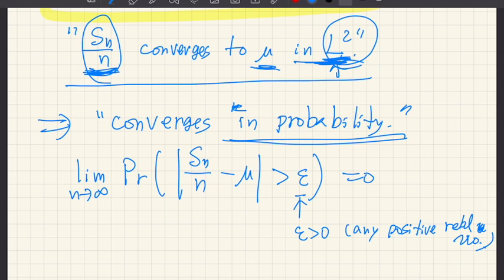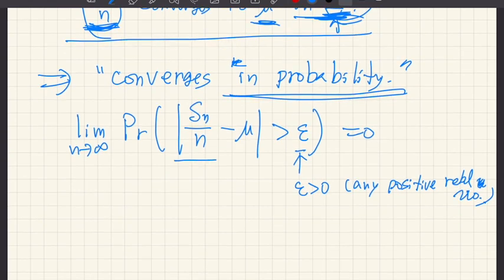There are many types of convergence. Convergence in probability means the probability that this deviation is greater than any small amount is 0 in this limit. This epsilon can be any positive real number, so it can be a very, very tiny positive number.